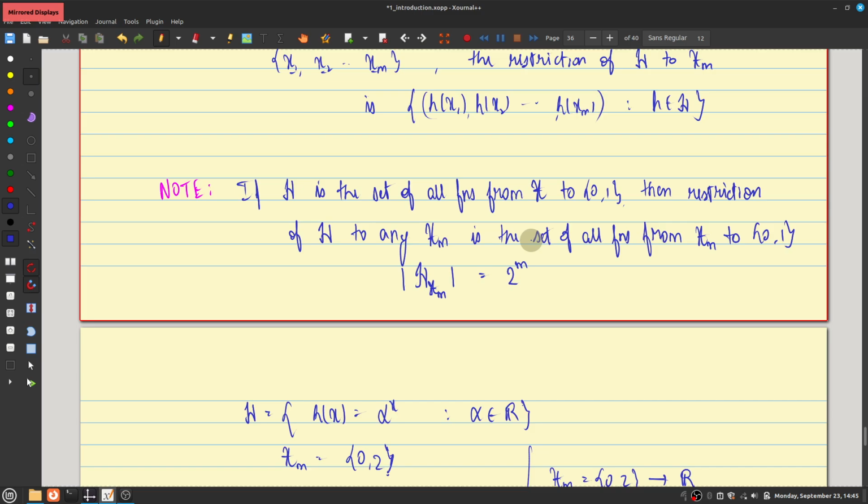So no matter what the hypothesis class is, suppose that there is some xm for which this H xm is exactly equal to 2 to the power m, it's a set of all functions, then it's clear from the no free lunch theorem that you need at least m by 2 samples to learn the hypothesis class. Because you need m by 2 samples to learn this restriction itself, you'll definitely need at least m by 2 samples to learn the entire hypothesis class. It may be a good lower bound, it may be a bad lower bound, but nevertheless, it is a valid lower bound.